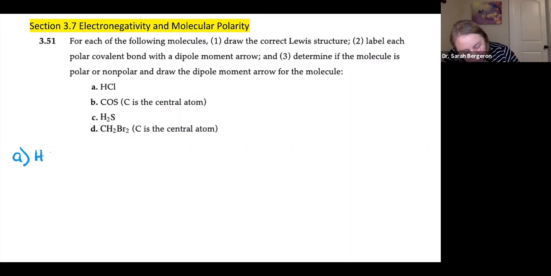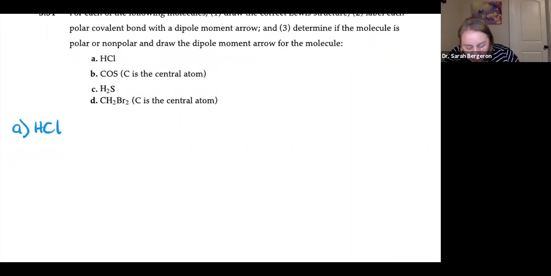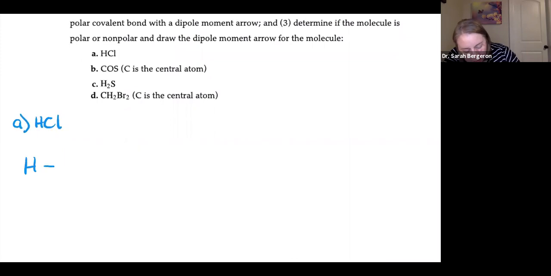So HCl, this is kind of one we just talked about, right? We have our normal, and you could do the needed, available, shared. I'm just going to assume that you know how to do that by now. So what we know is that there is an electronegativity difference, and you have to go back to that table in your lecture notes, right? So I know that my hydrogen is 2.1.